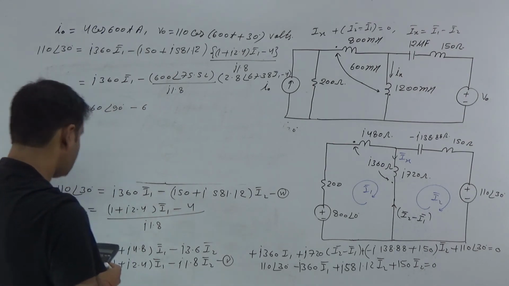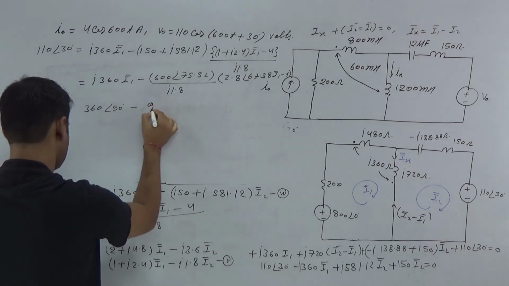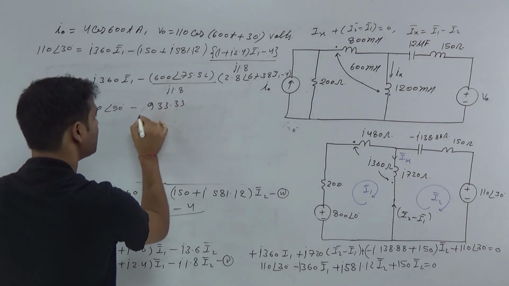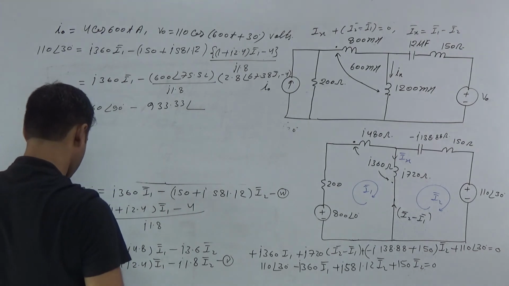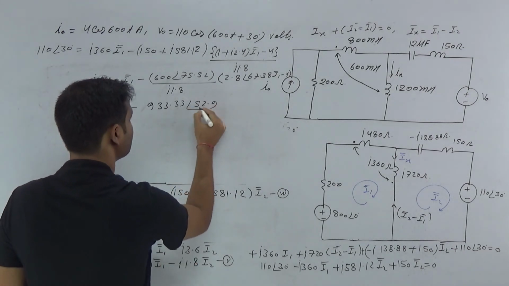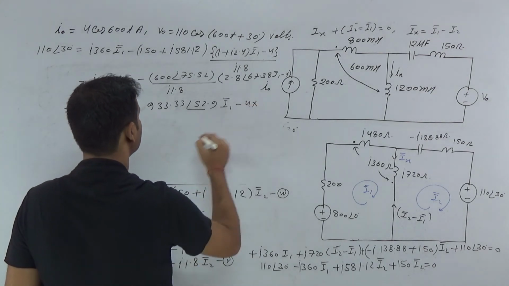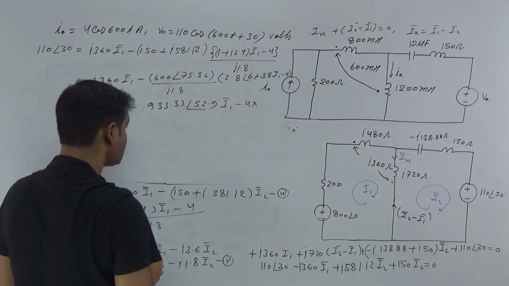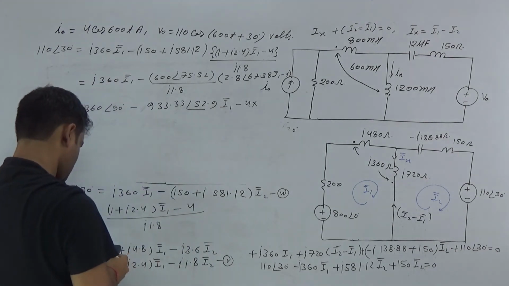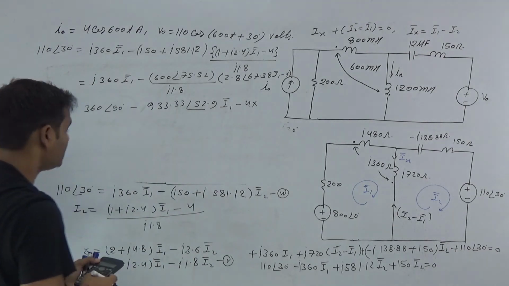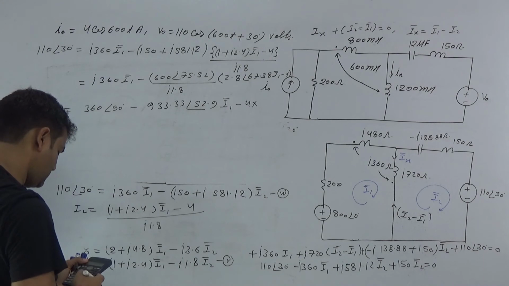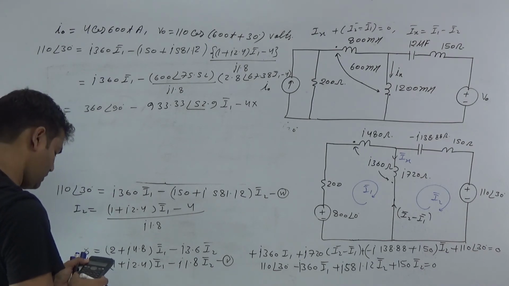Finally we got 933.33 at the angle 52.9 into I1 minus 4 into 600 divided by 1.8.